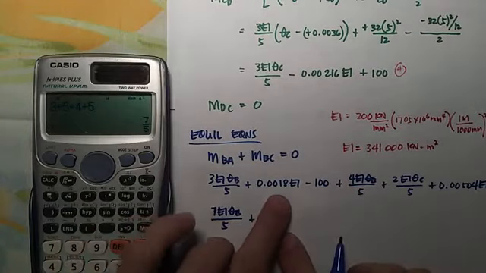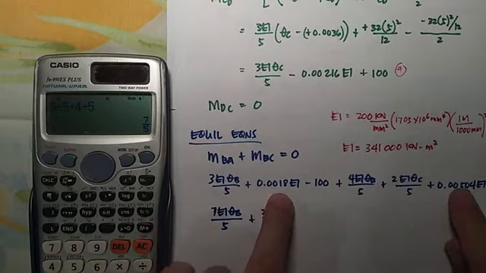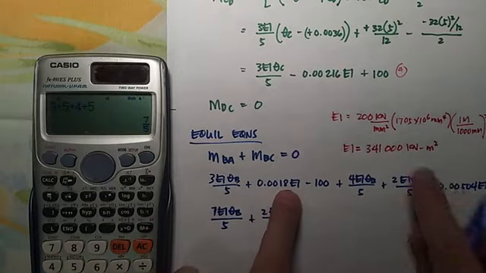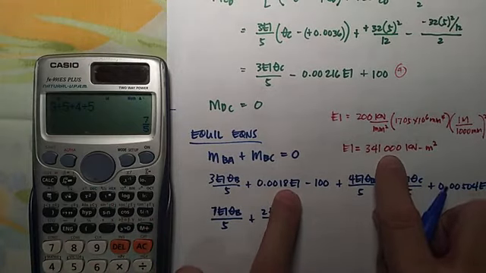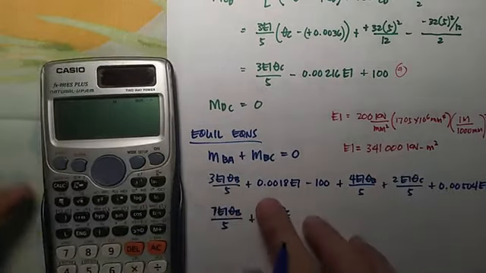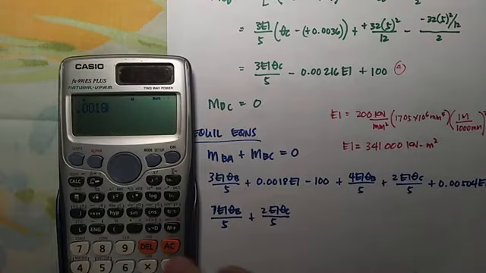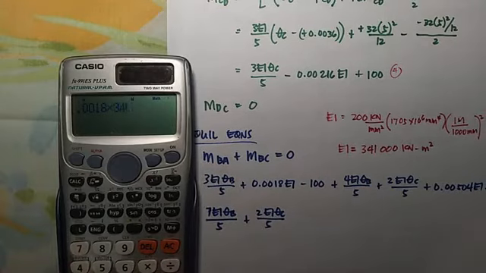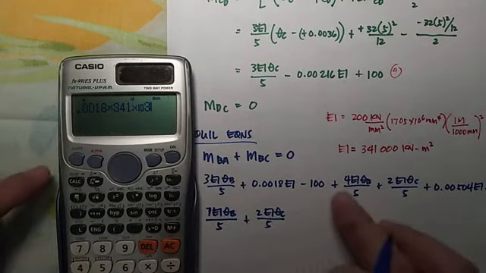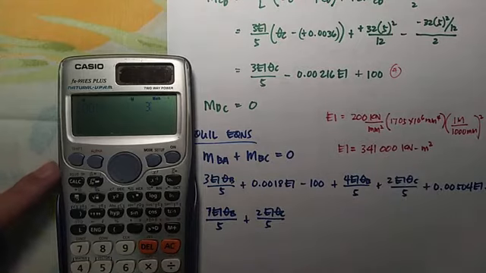Okay, tapos ito yung may EI, ito rin yung may EI. Pagsamahin ko lang sila. Yung EI ko papalitan ko nito, so magiging constant na siya. So 0.0018 times EI 341,000.